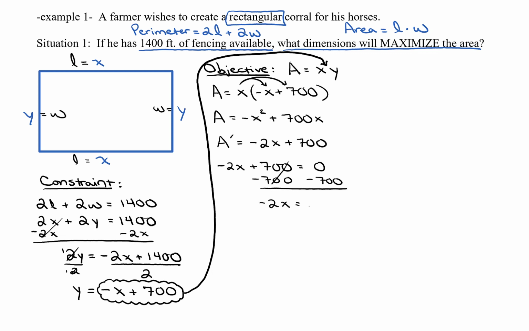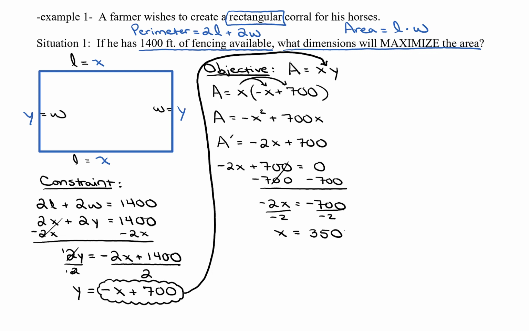And we'll have negative 2X equals negative 700. We will divide both sides of the equal sign by negative 2. The negative 2's on the left-hand side will divide out, and we will just be left with X is equal to 350. So this value of X is going to represent our critical value.